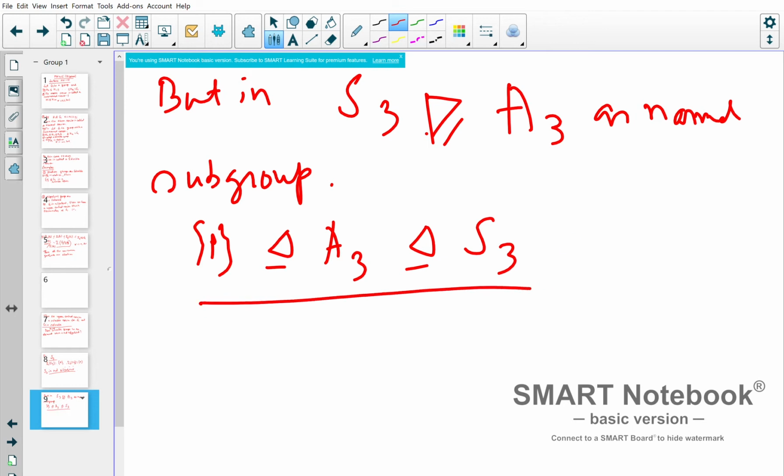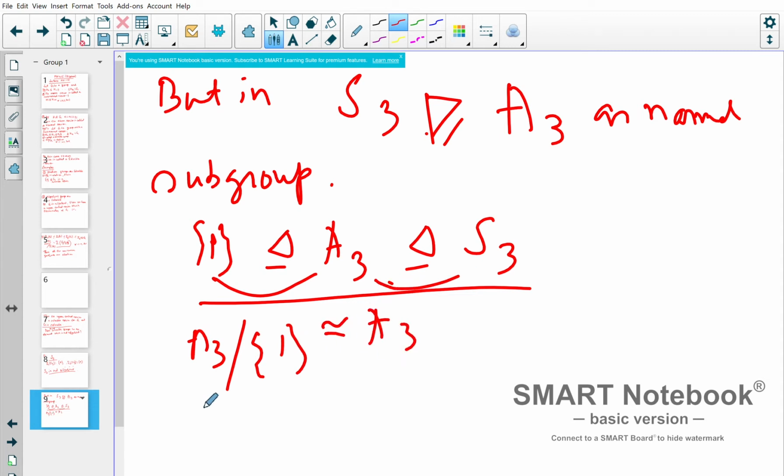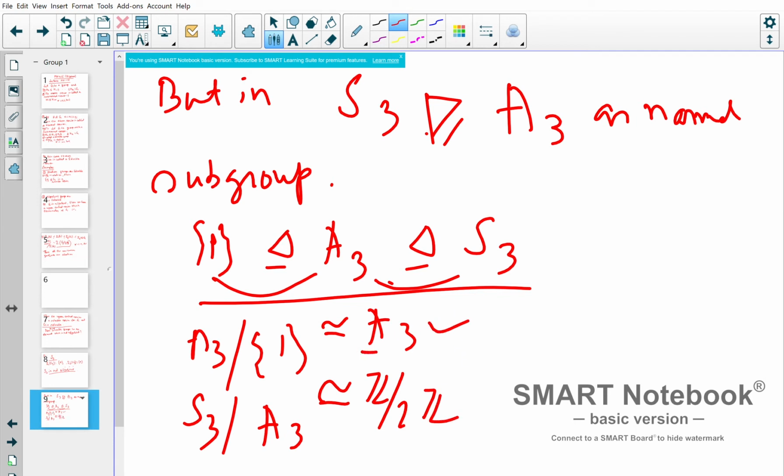So this is a solvable series. Why? Because the successive quotients are: first, A3 mod identity, which is isomorphic to A3, and second, S3 mod A3, which is isomorphic to Z mod 2Z. This is cyclic, and both are abelian.